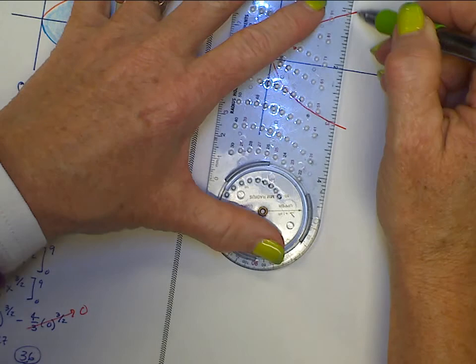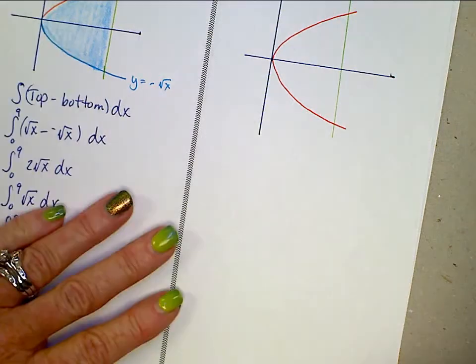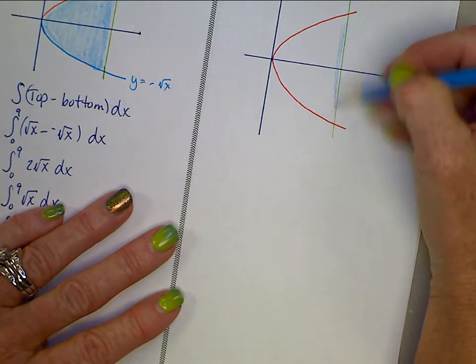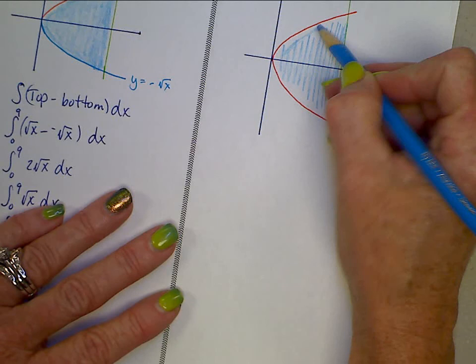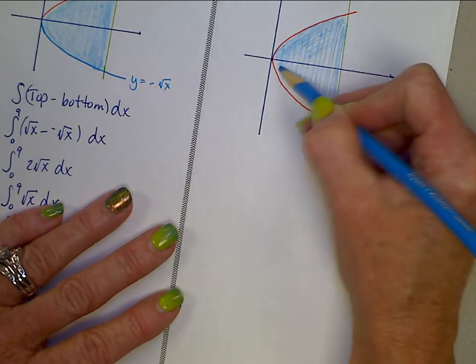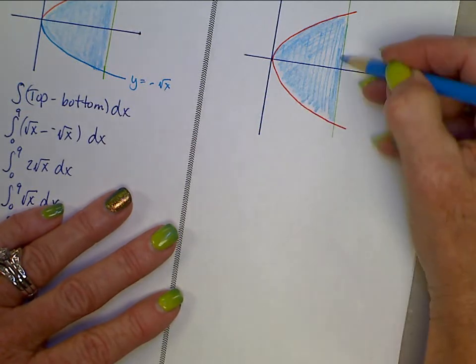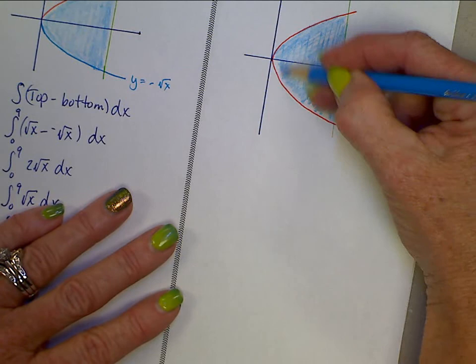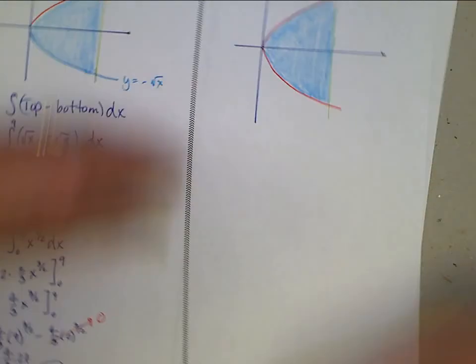Same area, but because we're rotating and how we're looking at this, we rotate this figure 90 degrees counterclockwise.